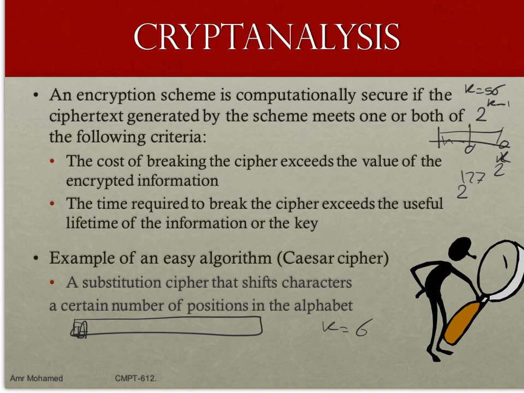Based on the key, you say A is in fact I. So instead of A, I will put I. Based on 6: you shift A in the alphabet 6 positions, and you get to I. Very simple.